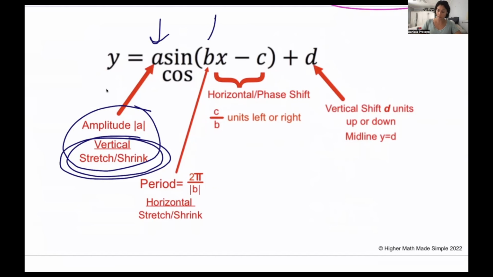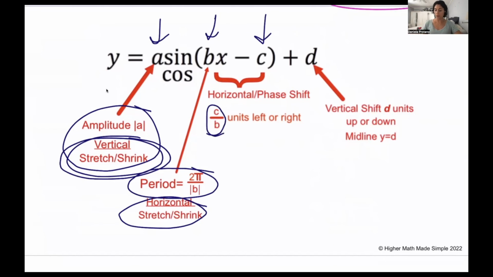We just talked about that if b is different than 1, then it's going to be a horizontal stretch or shrink. And that's because the b value is in the period formula. So that does make sense. The c value is going to be in the formula of the horizontal or the phase shift. So it's going to determine whether it's going to shift left or right.